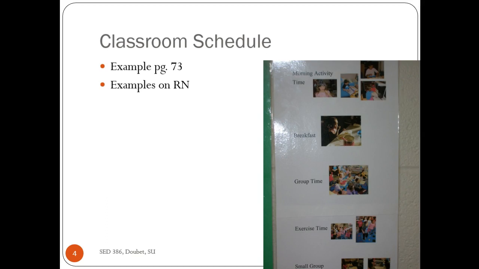So on page 73 in your text in chapter 4, there is, I'm turning to my page 73 right now, a nice example of a classroom embedding schedule. This is for Kendall, a student in Miss Reichert's class. And on the left, you'll see in her schedule is the activity.